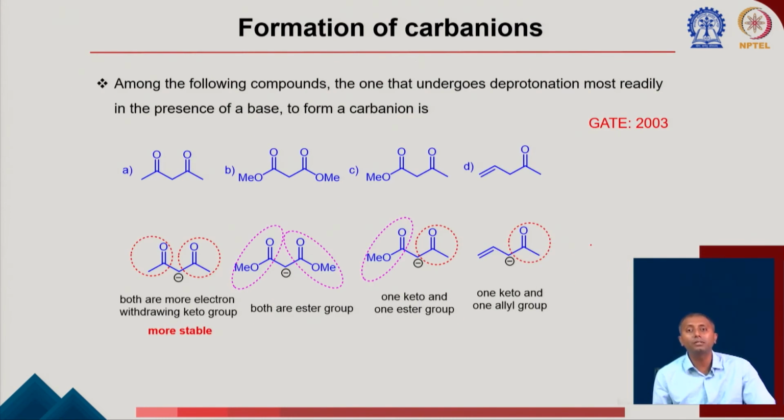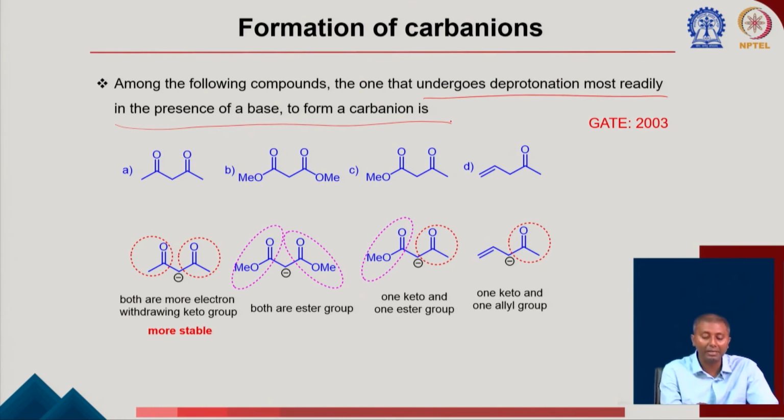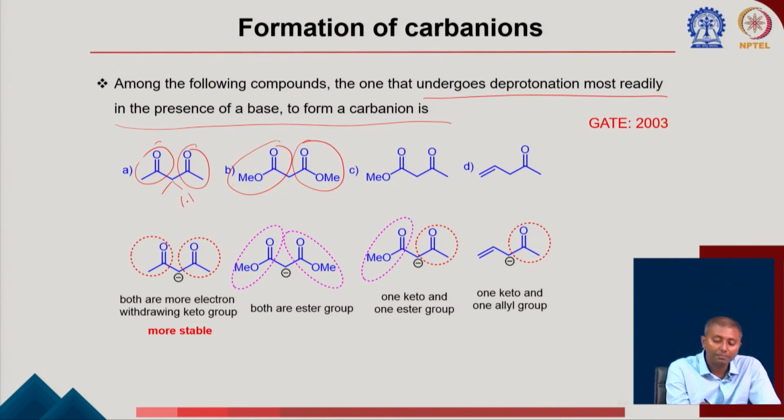Now there is a question in the GATE exam: among the following compounds, the one that undergoes deprotonation most rapidly in the presence of base. If you see A, B, C and D, in A there are two carbonyl compounds, and in B there are two esters. We are talking about these protons, because if deprotonation happens, it is going to abstract these protons.